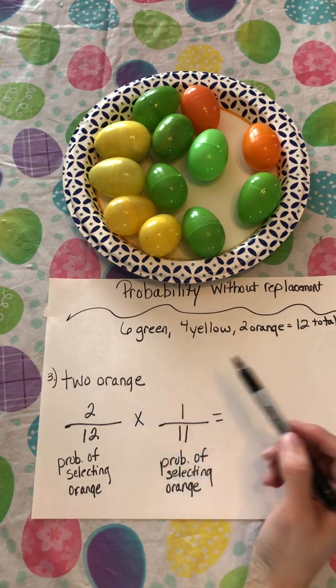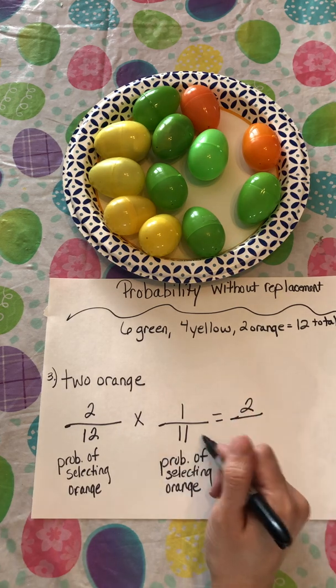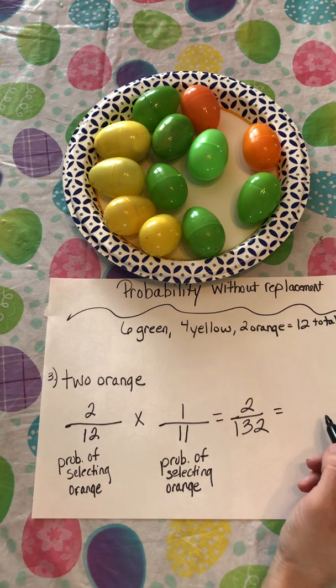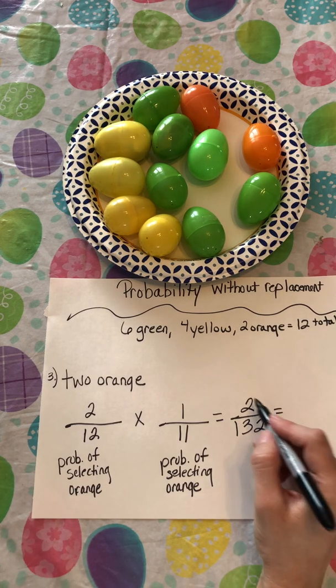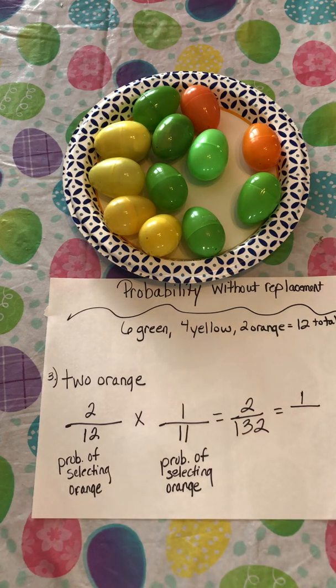So when we multiply this out, it will be 2 times 1, just 2. And then 12 times 11 is 132, which will be reduced down to 1 over 66. So that is our example of the probability without replacement.